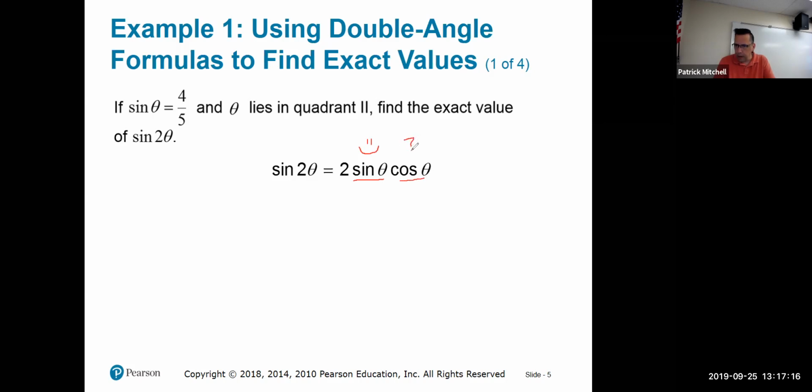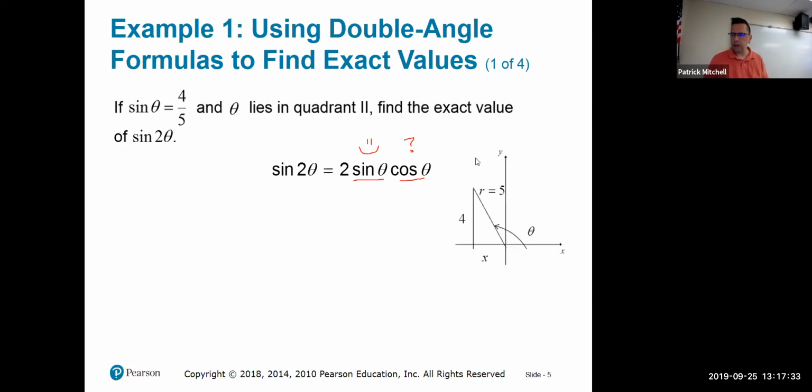But I think you know how to find it, right? Because we just had to do that in section 5.2. You're going to use either your Pythagorean identity or your definition of trig function at any angle. And I think they like to do it the second way. So there's a picture of angle theta, sitting over here in quadrant 2.